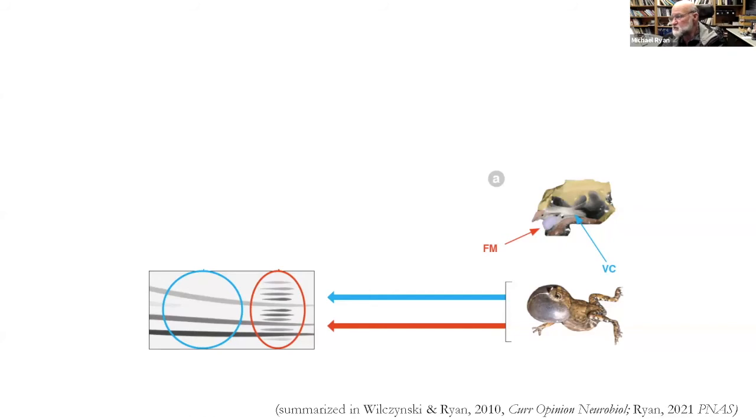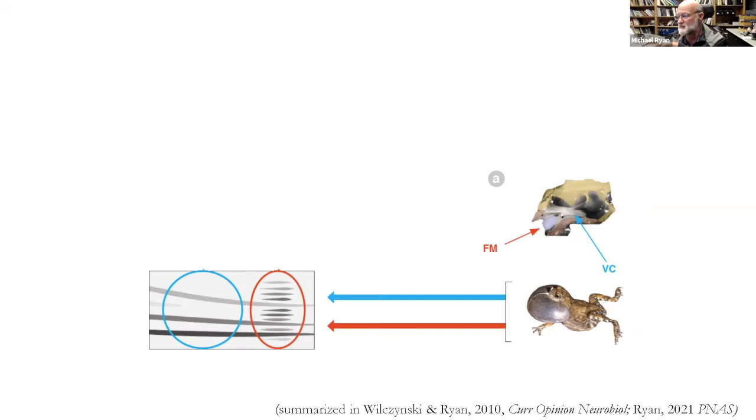Now, what the tungara frogs have, if you look at that red arrow, is this fibrous mass that's an extension of the vocal cords, and it goes back into what's analogous to a bronchus, where the lungs are attached. And it almost totally occludes the airflow from the lungs into the larynx.